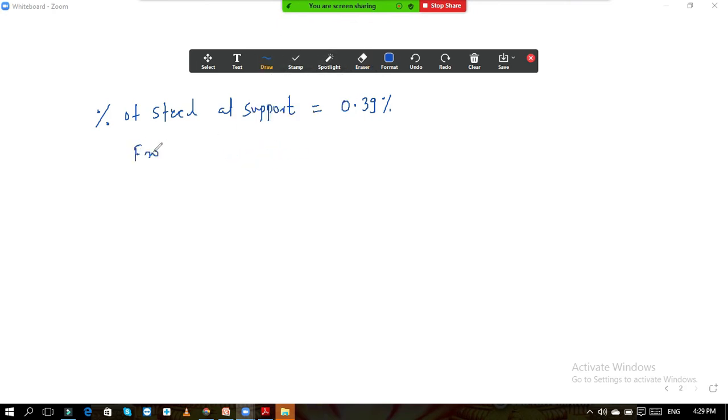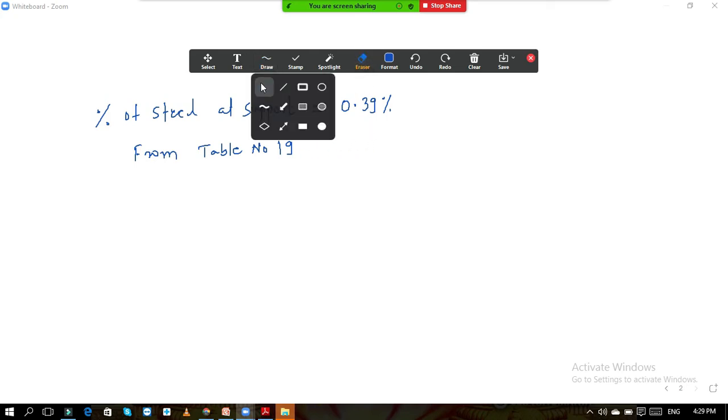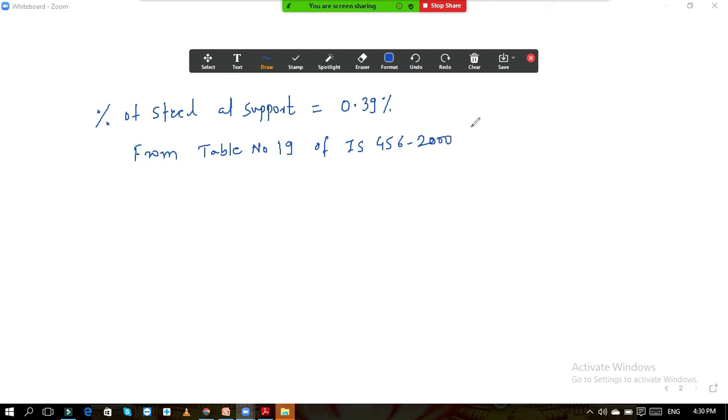From table number 19, we get table number 19 of IS 456 2000. You write the page number.